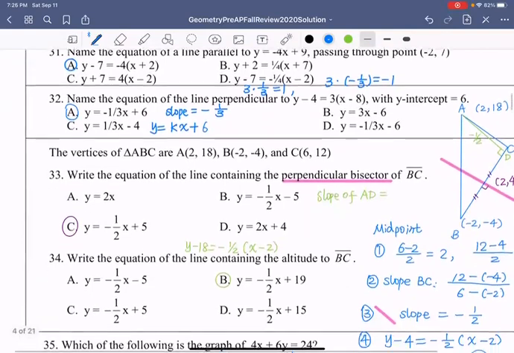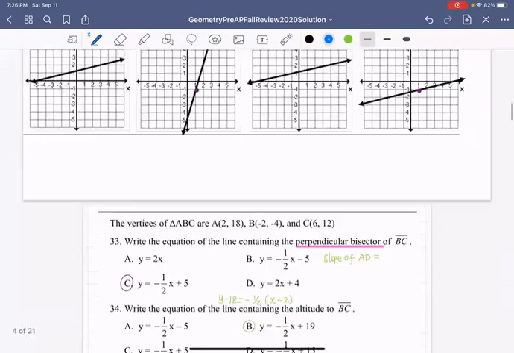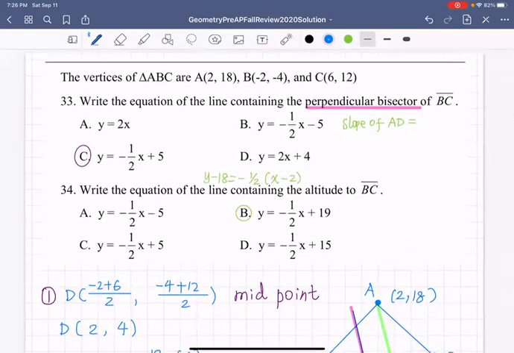Next, 33. 33, 34 are tough questions. I'll explain over here. Albert, go ahead, read this one. Write the equation of the line containing the perpendicular bisector of BC.